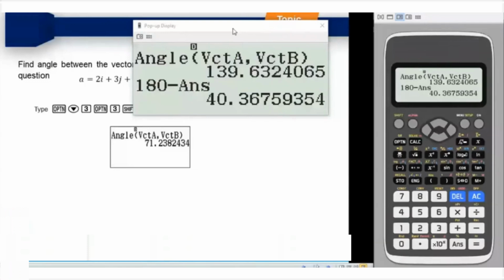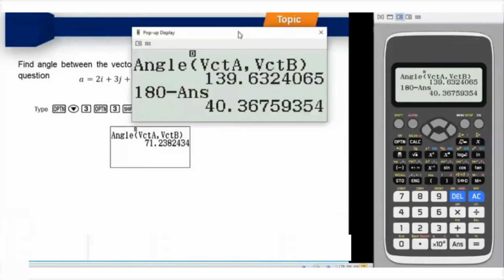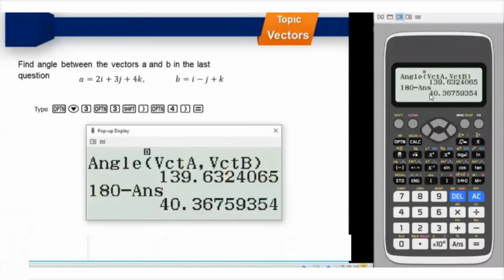Okay? So if you note, this is the obtuse angle. If you want to find the acute angle, this is it. Right? I don't know if the answer on the screen is correct or not, but as per the vectors that we have inserted, this is the correct answer, which is on the pop-up screen.